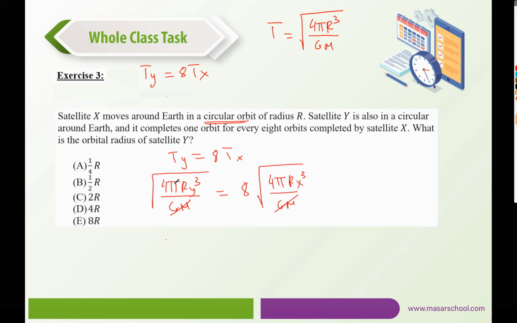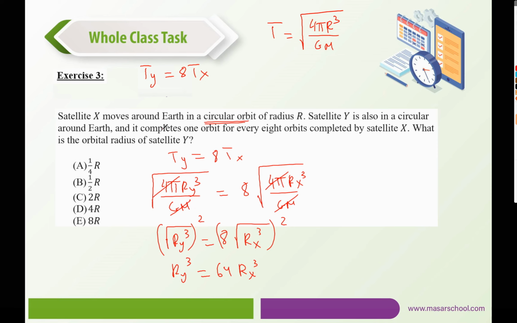Now GM with GM cancels, 4 pi squared with 4 pi squared cancels. Now that would be the square root of ry cubed equals 8 times the square root of rx cubed. Now we can square both sides, so that would be ry cubed is equal to 64 rx cubed.